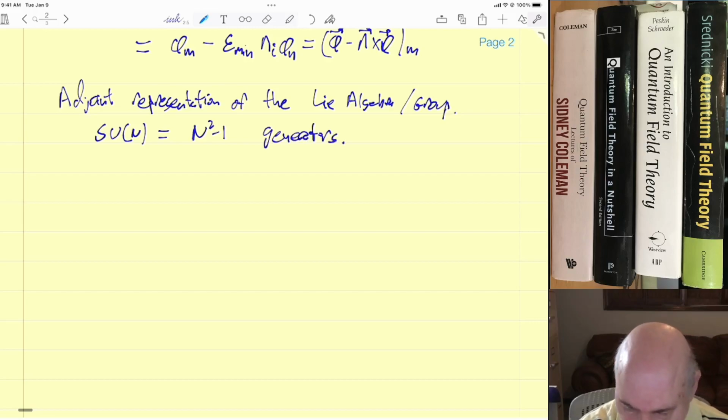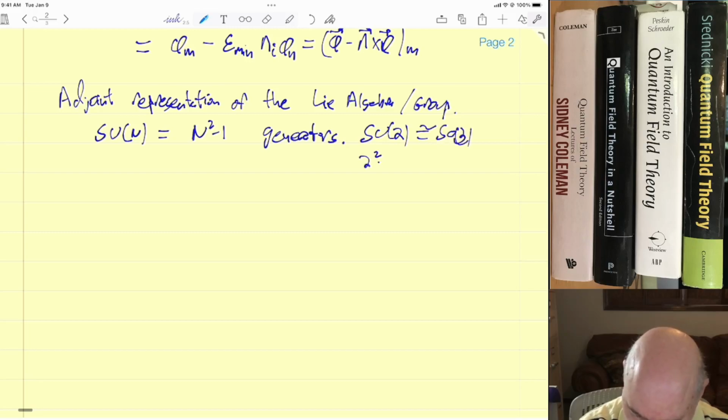In other words, this is an N squared minus 1 parameter group. So you can see with SU2, which is isomorphic to SO3, we have 2 squared minus 1 equal 3 parameters.